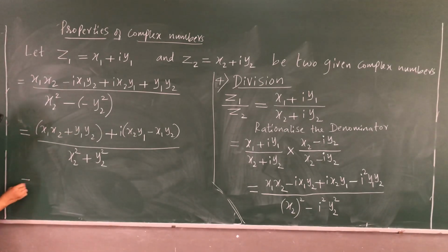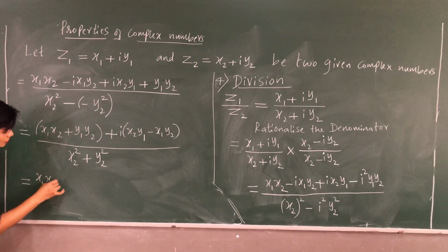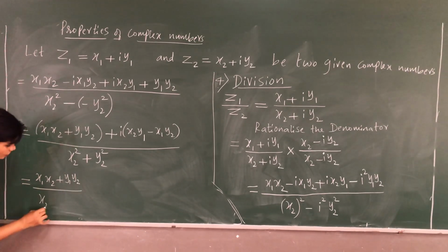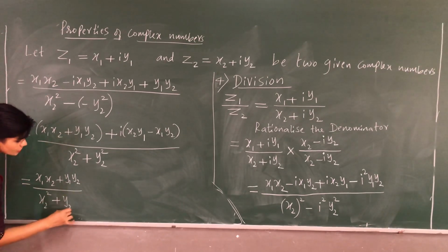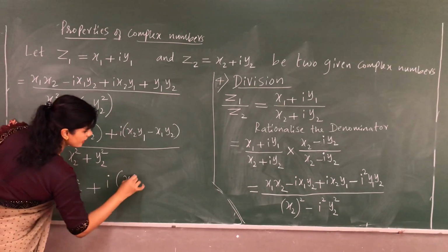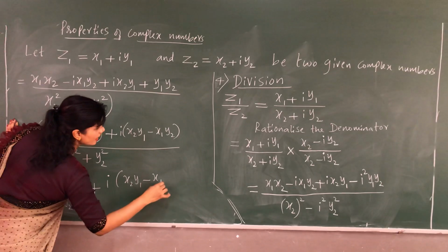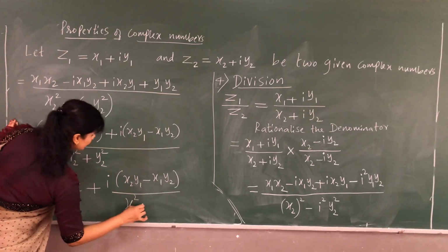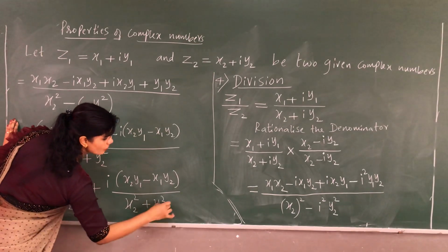Lastly, divide this way: x1 x2 plus y1 y2 upon x2 square plus y2 square, plus i into x2 y1 minus x1 y2 upon x2 square plus y2 square.